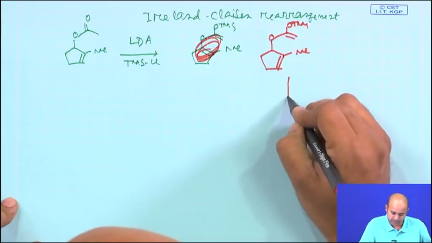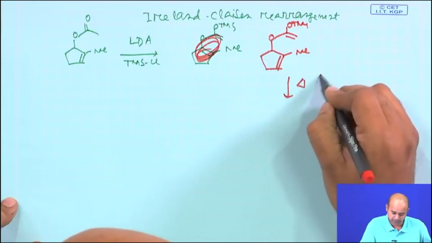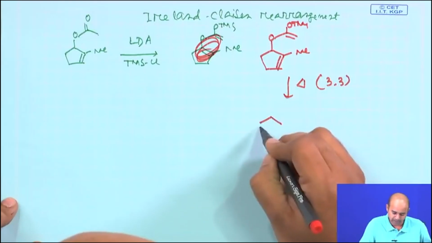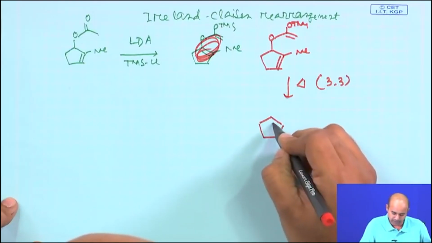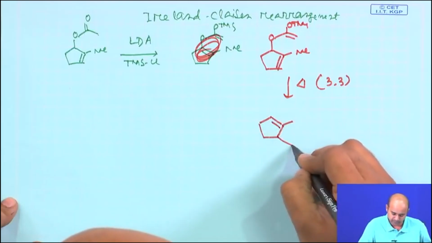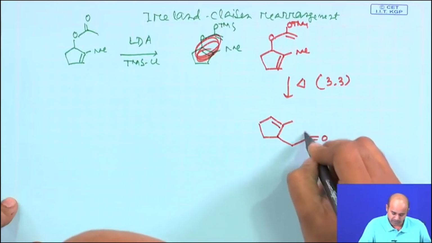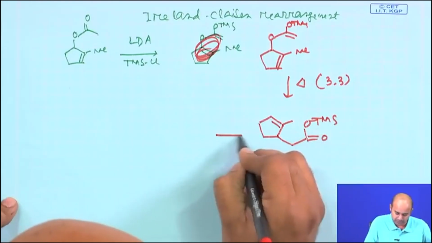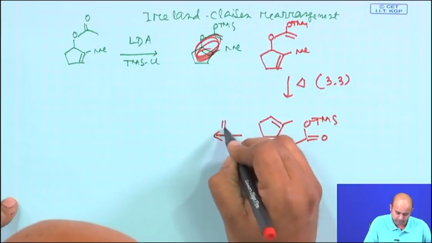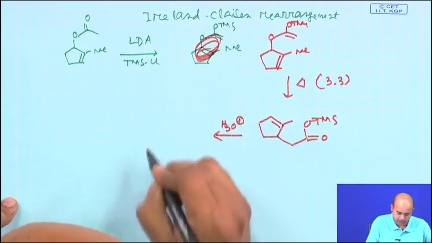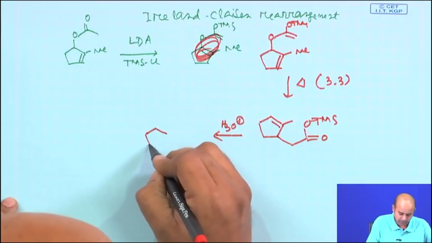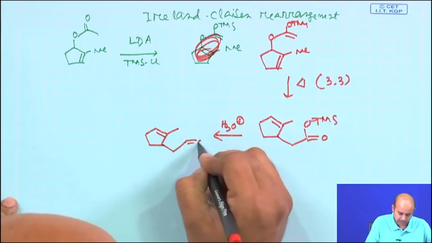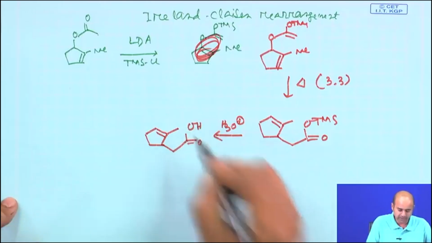So, you can now subject this compound to simple heat, which will ensure the 3 sigmatropic rearrangement takes place, and you basically now get this TMS ester. The TMS ester you can hydrolyze by aqueous acidic workup, which will give you the carboxylic acid.